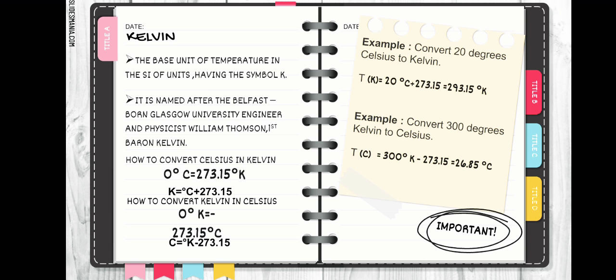So you just need to deduct 273.15 from the 300 Kelvin. So the equivalent is 26.85 degrees Celsius.